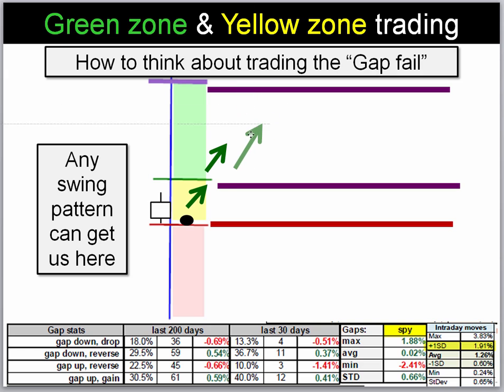So I would be long 2 if it breaks through here. If not, I framed a 2-to-1 trade, and I can cash this happily.